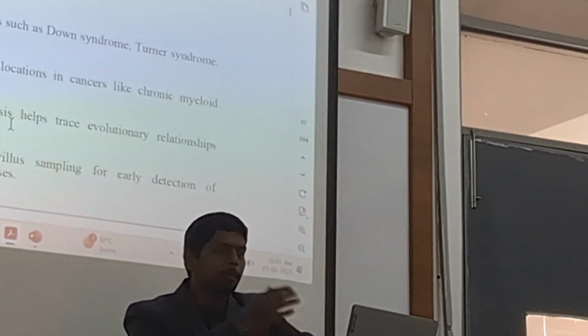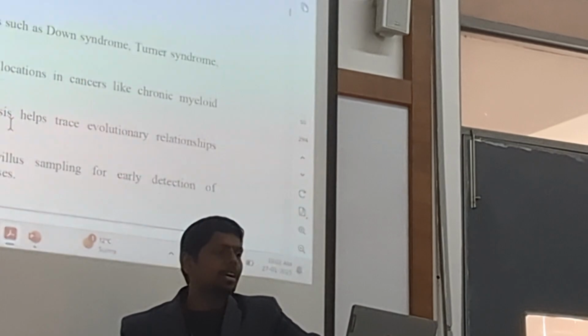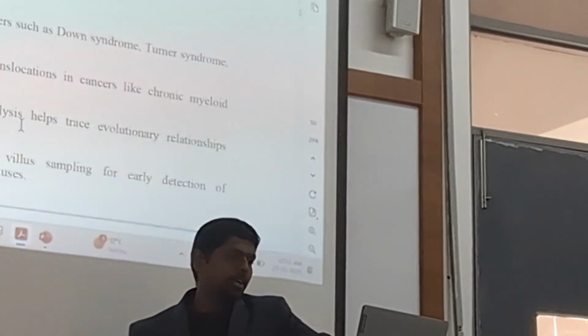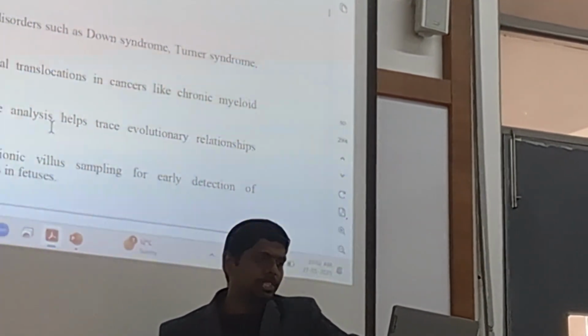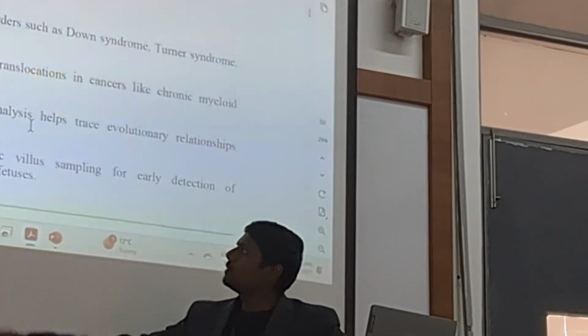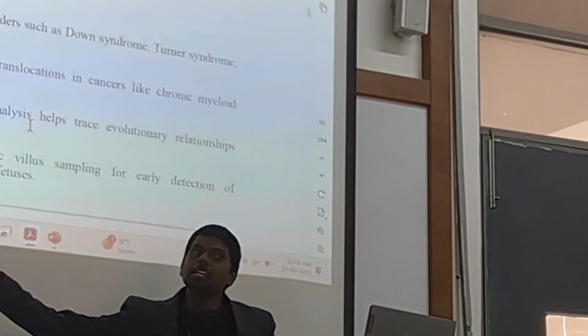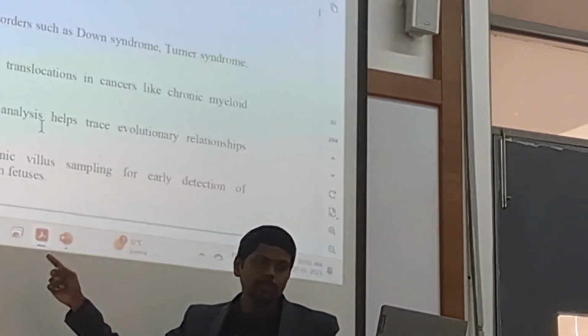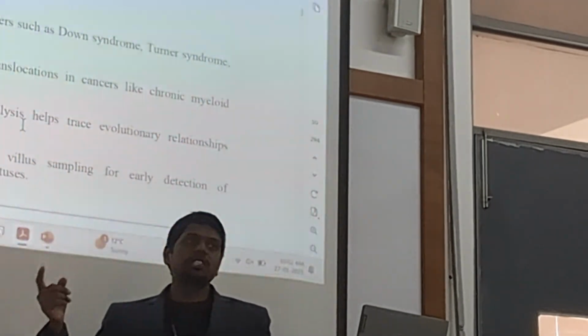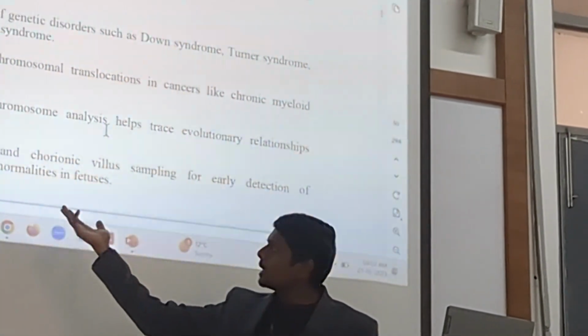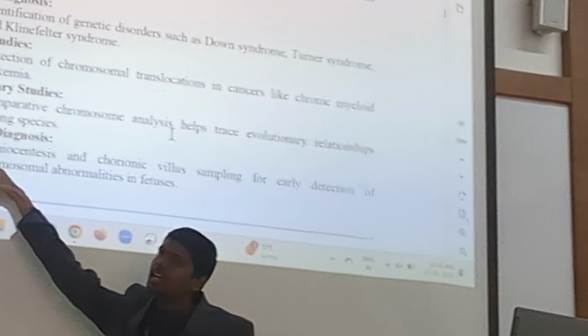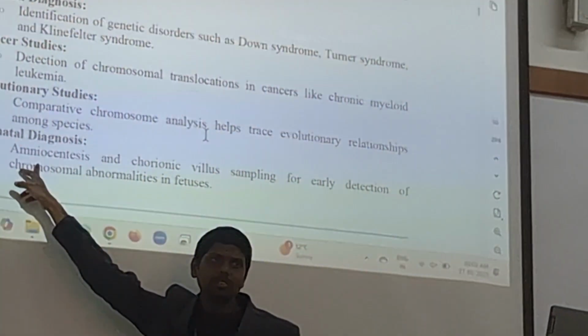Anyway, applications of chromosome analysis, we already know: medical diagnosis, cancer diagnosis, early evolutionary studies, and prenatal diagnosis. This is one important thing. Prenatal means before delivery. During the first trimester, we can do amniocentesis. Any idea?